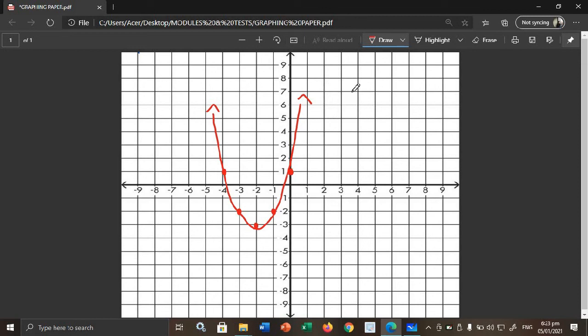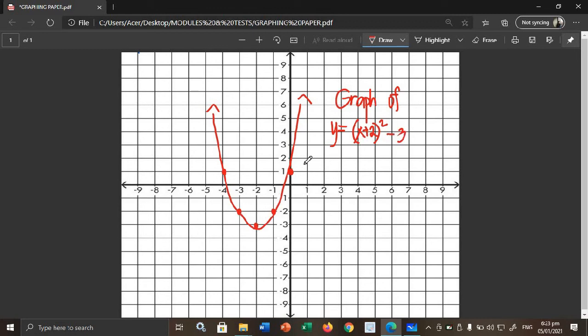So this is the graph of y is equal to quantity x plus 2 squared minus 3.